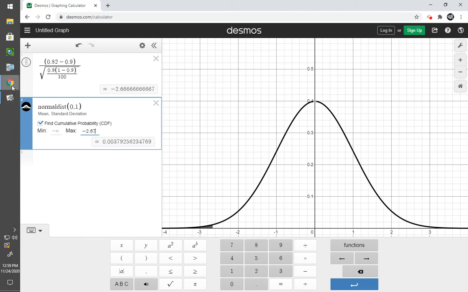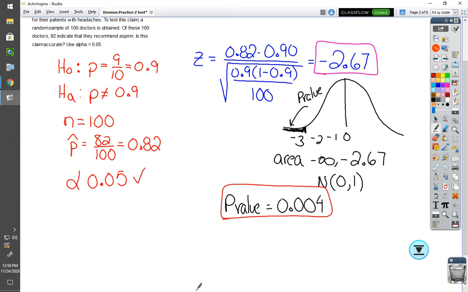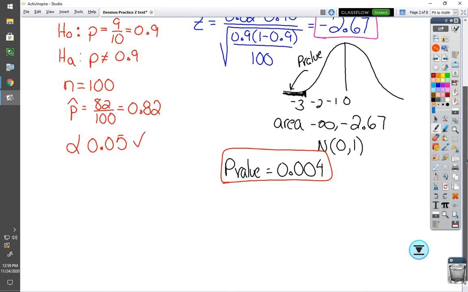So we'll go back and use that same value. We now know that we have a p-value of 0.004. Remember that we had an alpha level of 5%, or 0.05.